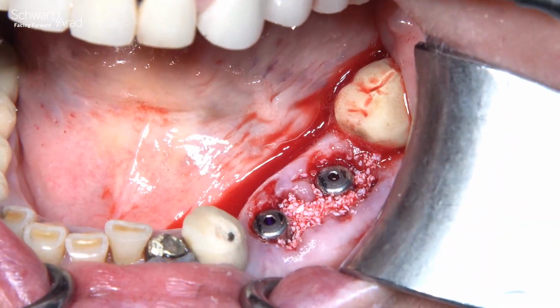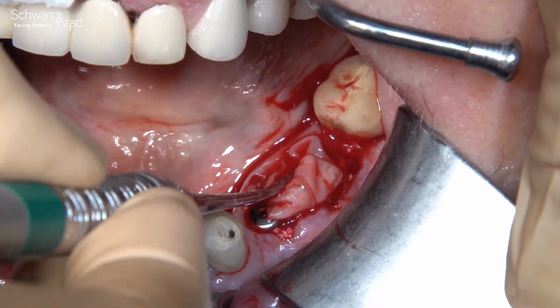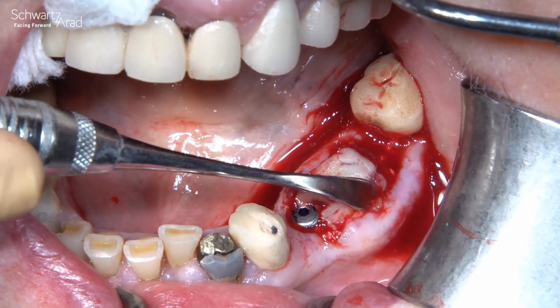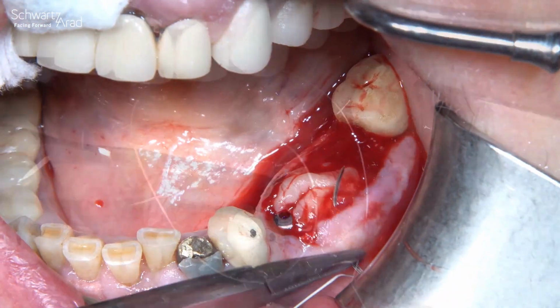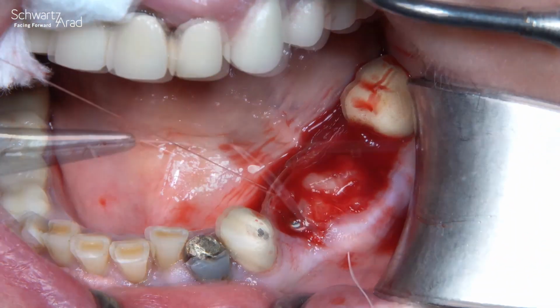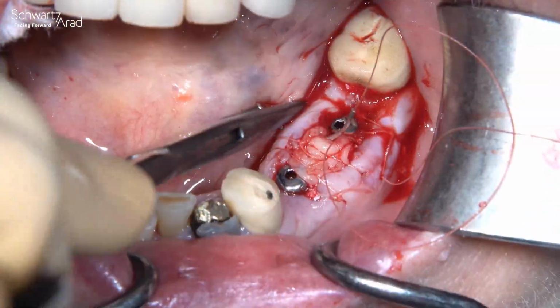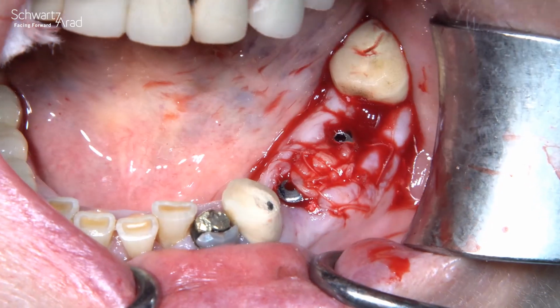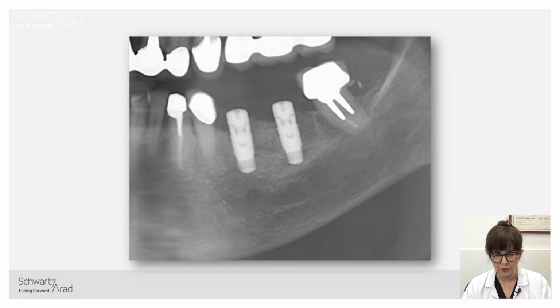Augmentation with xenograft material saturated in PRF, and then I cover it with PRF and suture with Vicryl resorbable suture. So this is regular immediate implant placement in mandibular molars. And this is immediately after operation, and healing was uneventful.